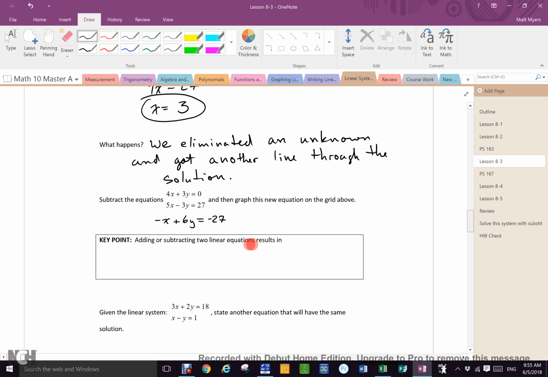So adding or subtracting 2 linear equations results in a couple of things. One, a chance to eliminate a variable, and two, it results in new equations that share the solution.